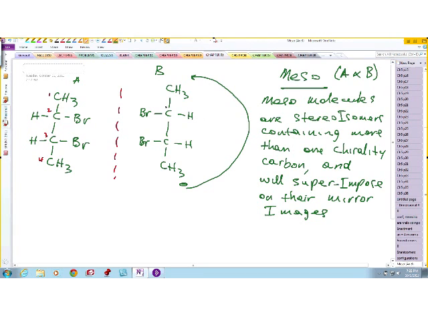Now let us draw the other isomers. In other words, A and B are the same. Supposing we have this. Can we draw the mirror image of that?